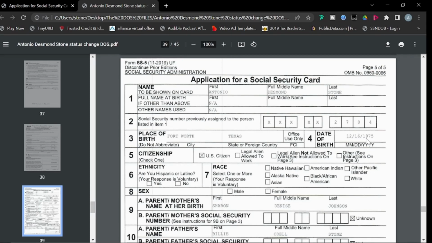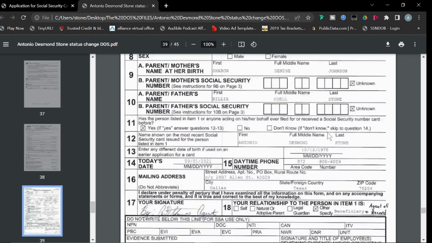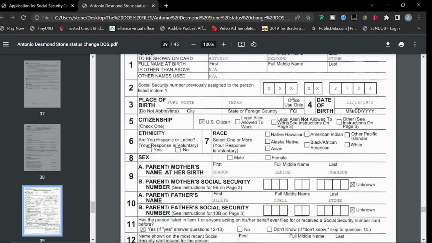When was this entity born? When you filed the birth certificate. That's when the entity was born. The lowercase name was born on this day, the natural person.